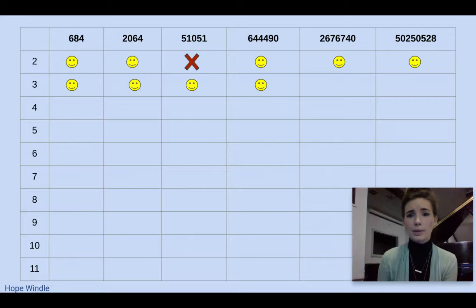Now we're going to get into some bigger numbers. Let me turn my phone. We're going to add together 2 plus 6, plus 7, plus 6, plus 7, plus 4, and that's going to give us 32.